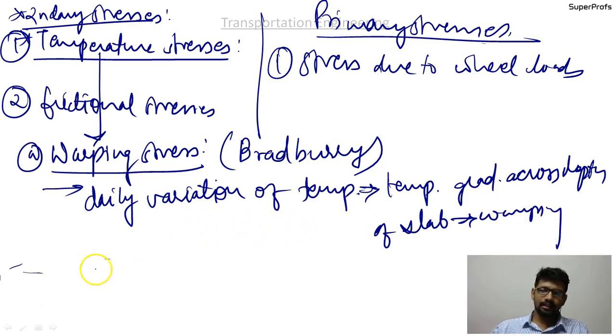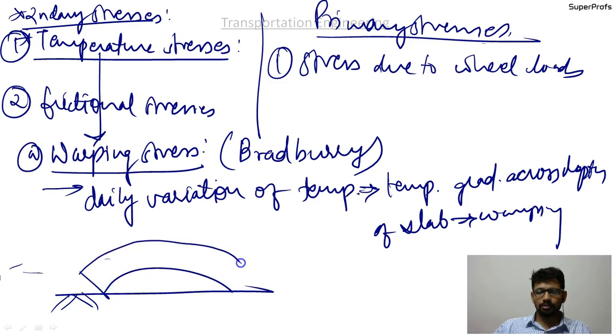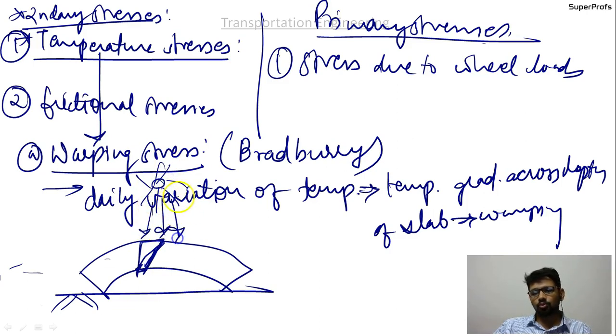So let's discuss that in summers. We are discussing the day. Suppose this is the ground level and there is a pavement. The pavement is going to warp like this. There will be some temperature gradient across this depth, and the temperature will be reducing as you go down, maybe a linear temperature profile. Say there is sun here. During daytime the pavements are going to warp this way.